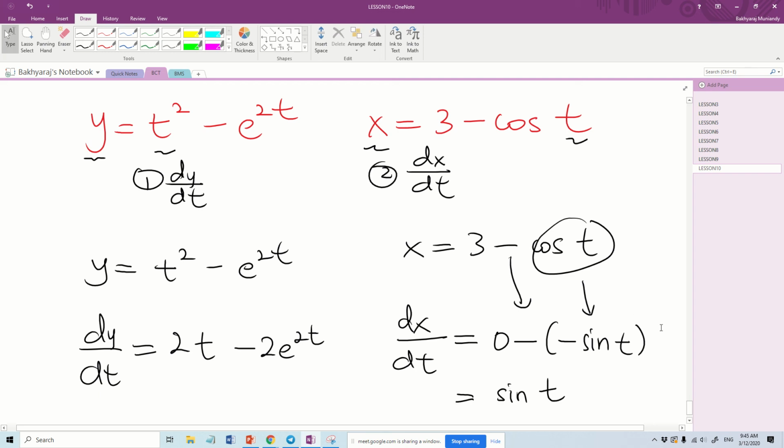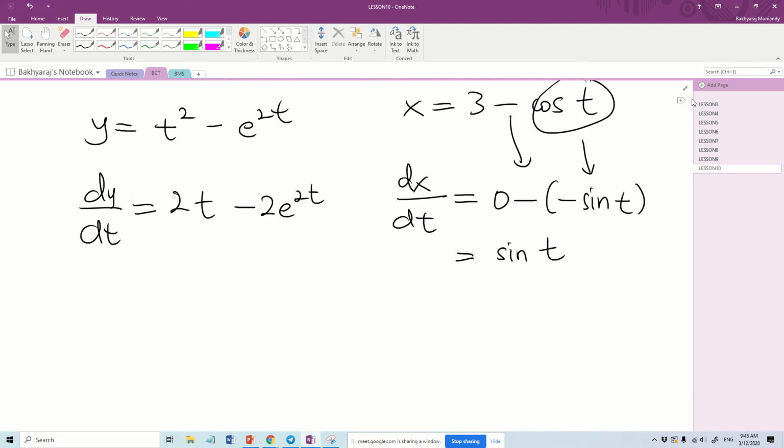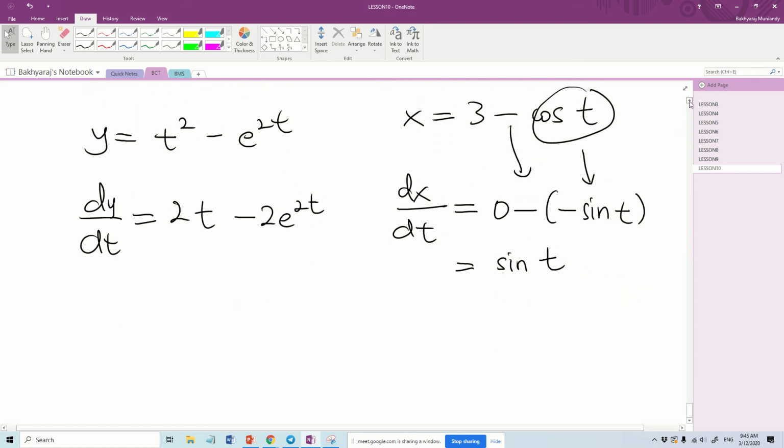Now what do we want? We want dy/dx. So dy/dx equals, I told you last time, you need to use the chain rule. That is the first step.